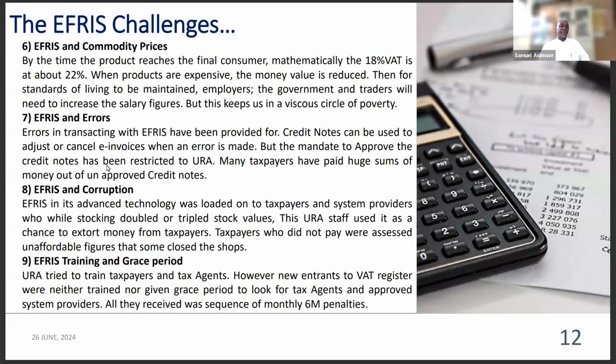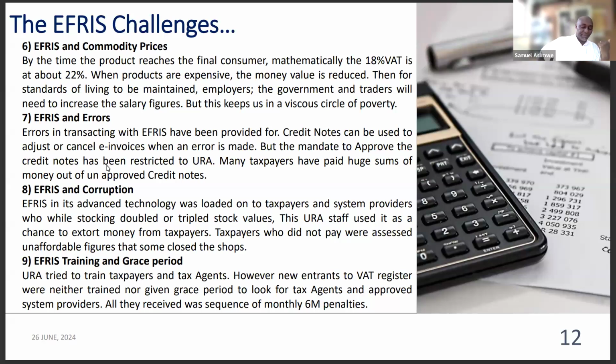By the time the product reaches the final consumer, if we start from the importation level, you charge 18%, then you go to a wholesaler level, you charge 18%, then you go to the retail level, you charge 18%.